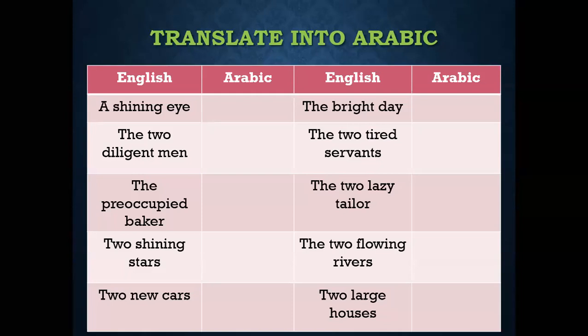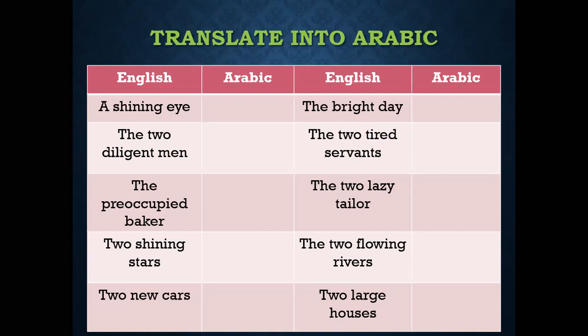The two tired servants. Servant is khadim, and two khadimani, and the al-khadimani. Tired, ta'ban. Tasniya because they're two. Ta'banani, and the at-ta'banani. So al-khadimani, al-ta'banani.